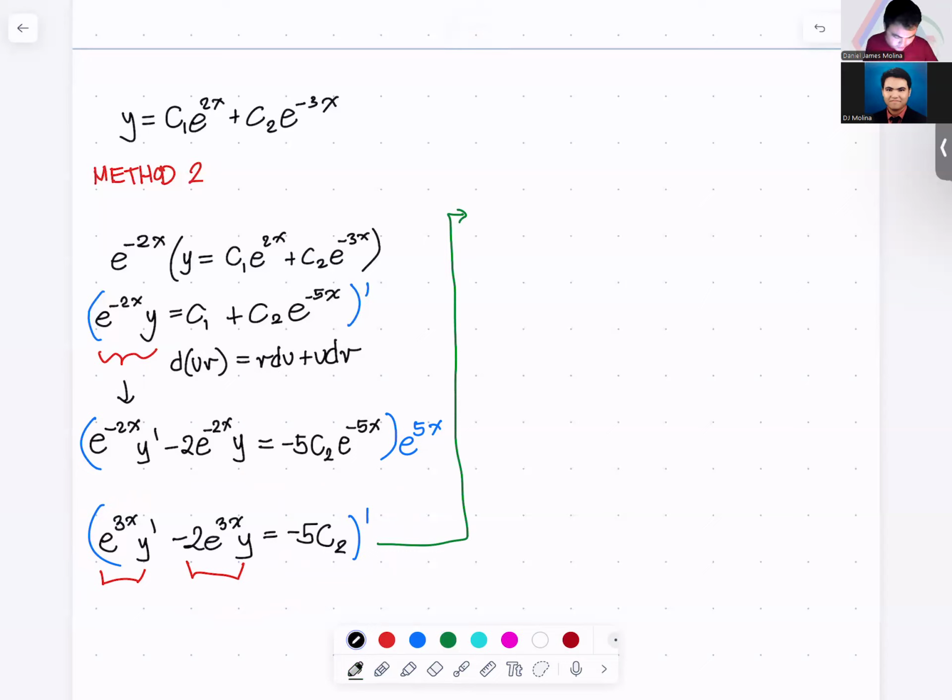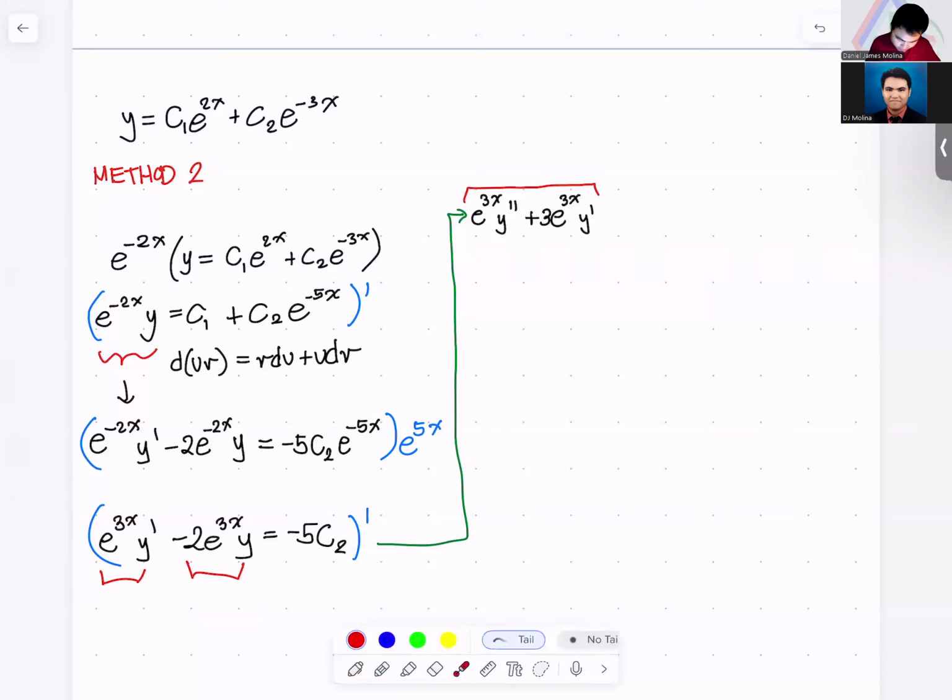For the first term, copy e raised to 3x y'' plus copy y', differentiate e raised to 3x. Okay, first part. I'll group it like this so that you can notice.